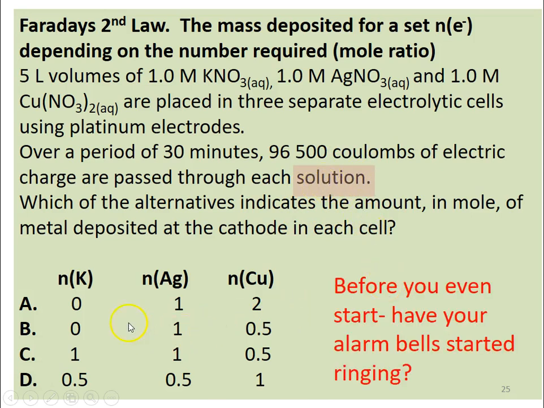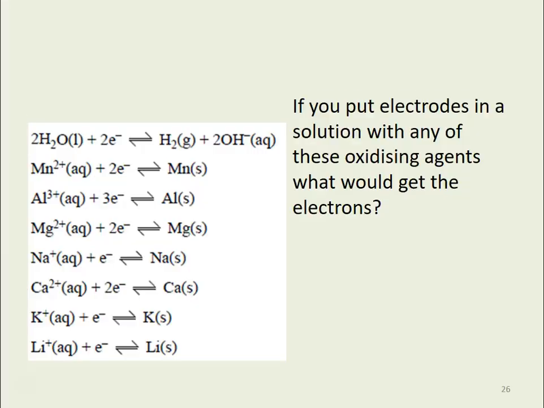So when you have a look at the ratios, hopefully after the beginning of chapter 9, alarm bells should be ringing. Which one of these should alarm bells be ringing for before I show you the answer? The fact that it's a solution should give you a bit of a warning. Okay, so there's water.